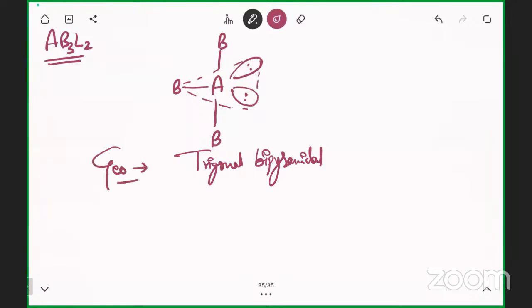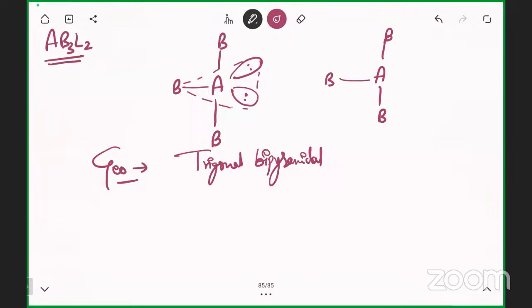But if I talk about the shape, remove the lone pair. Which alphabet does it look like? T. So if I remove the lone pair, it will be A, B, B, and B, so a sort of T is there.